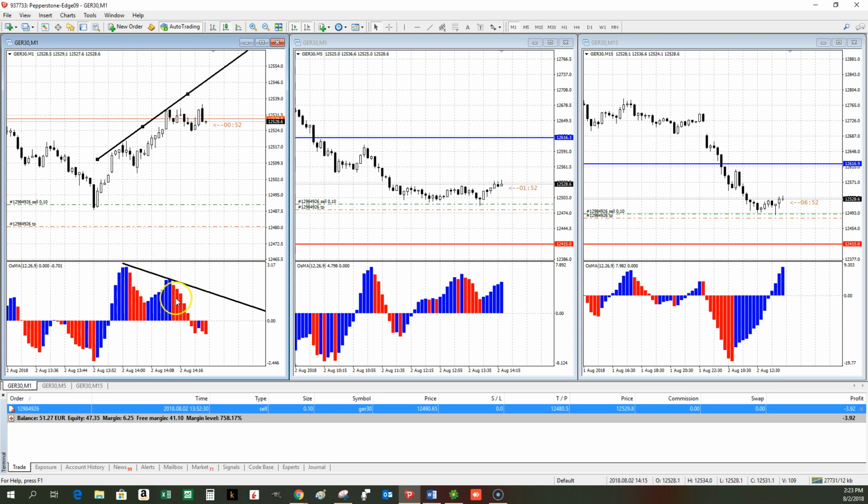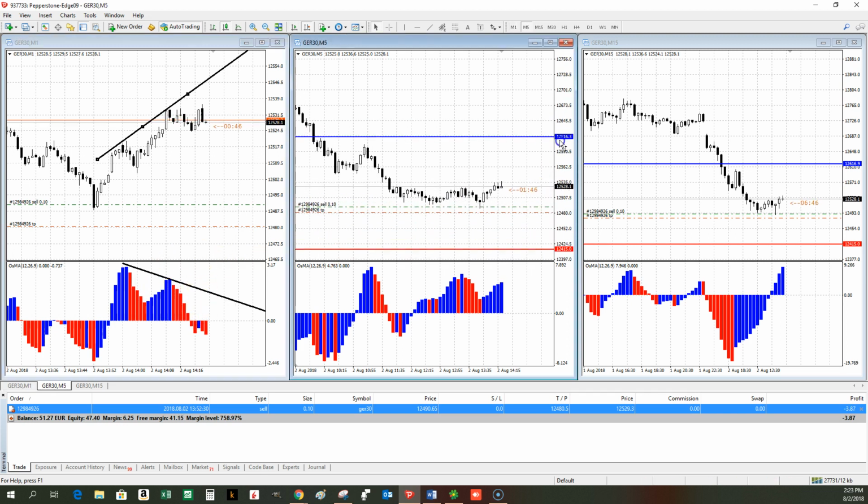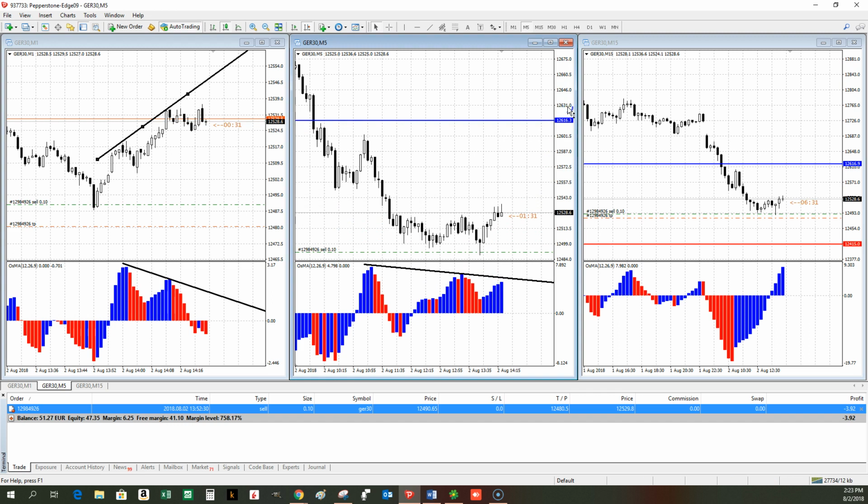So on this negative divergence, I'm gonna take a trade. You see, on 5 minutes it's going down. We have a negative divergence as well on 5 minutes. You see? Negative divergence. All right. Let's check what's going on.